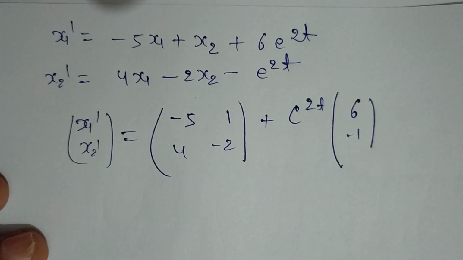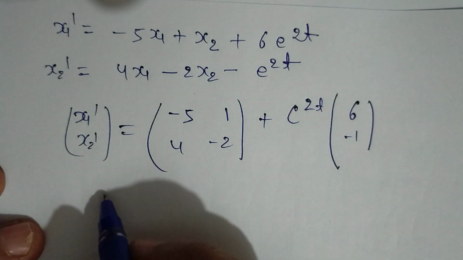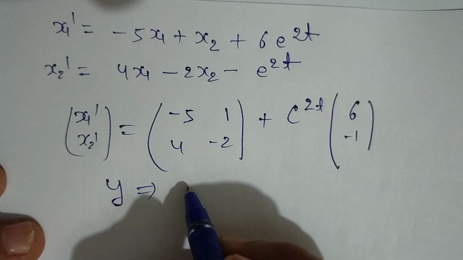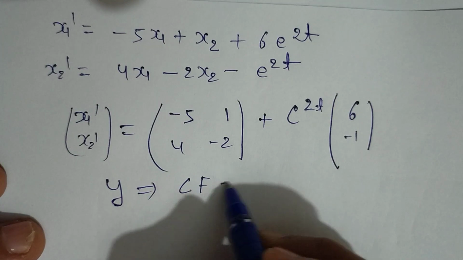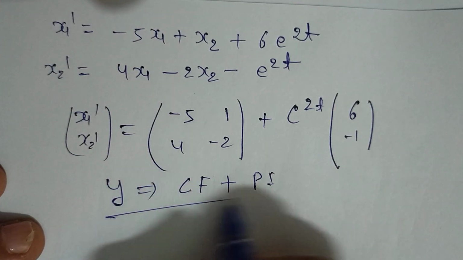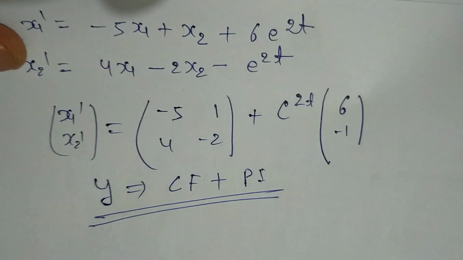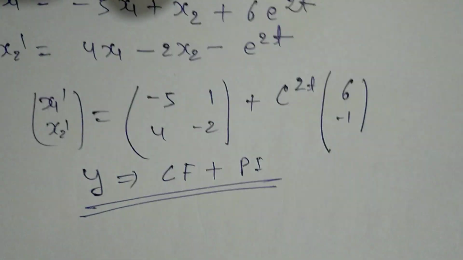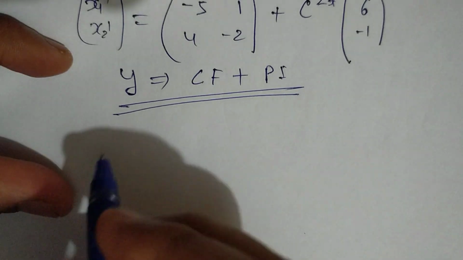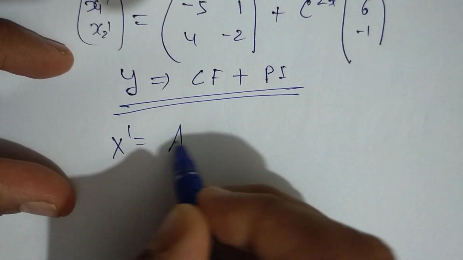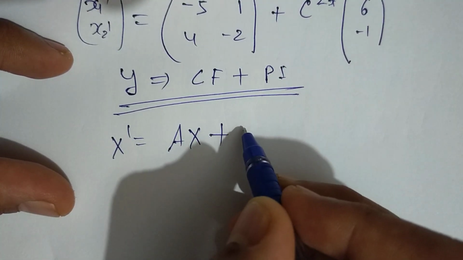So this is the non-homogeneous equation, which means the solution contains the complementary function plus the particular integral. Using this transformation, we write it in the matrix form, so x dash equal to Ax plus g.